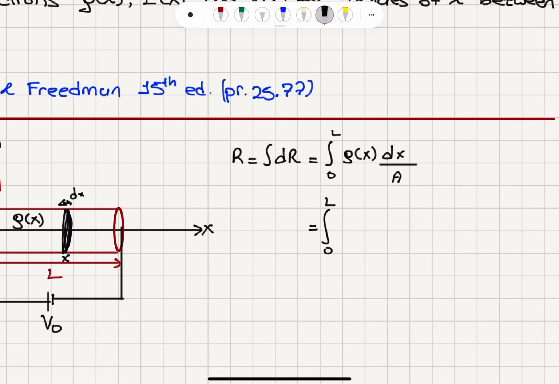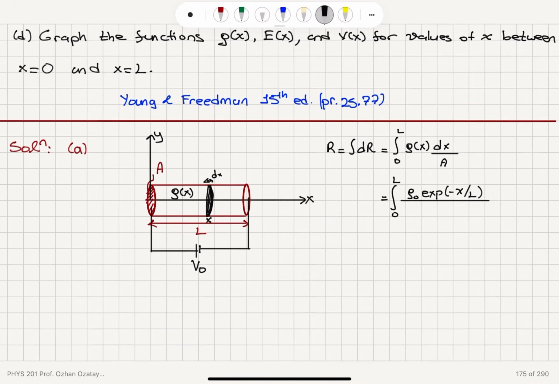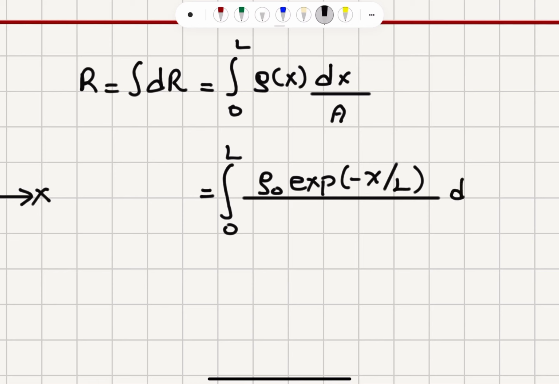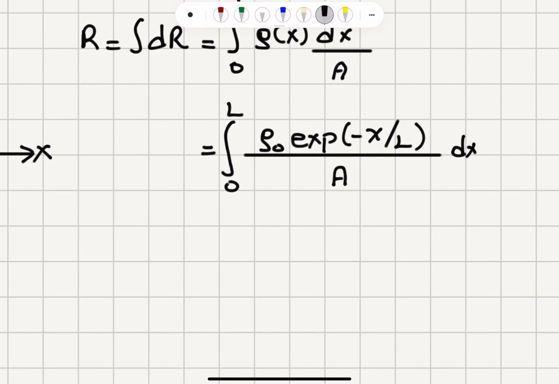So integral from 0 to L. Now we have the resistivity as a function of x is rho 0 exponential minus x divided by capital L. So resistivity will be multiplied with dx and divided by the cross-sectional area A. If I perform this integral, this is going to be minus rho 0 L over A exponential minus x divided by capital L. Now you can see the derivative of the exponential is the exponential.